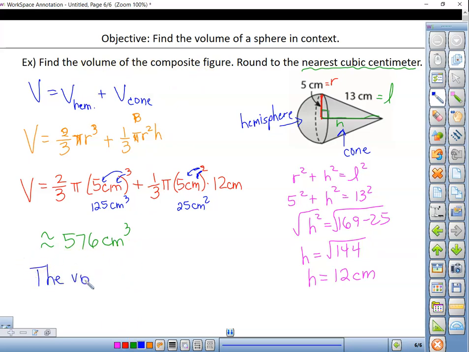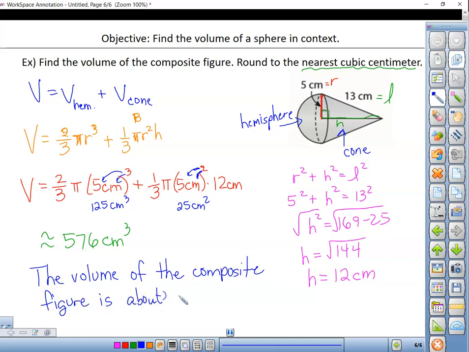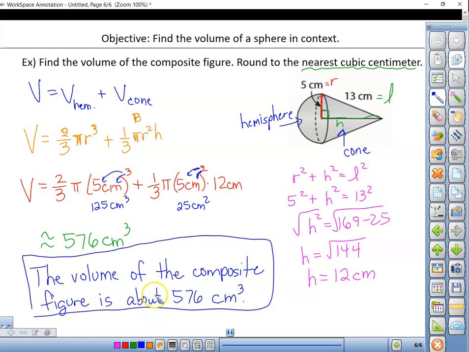The volume of the composite figure is about 576 centimeters cubed, or cubic centimeters, like so. All right, we'll now be moving on to the next problem.